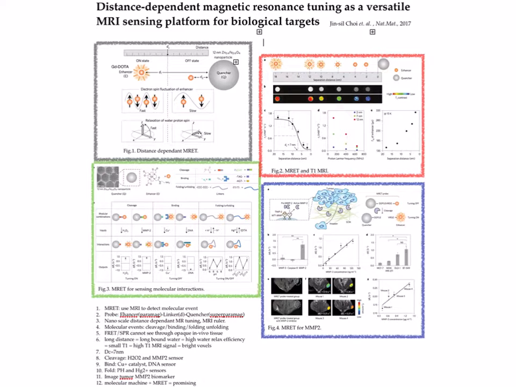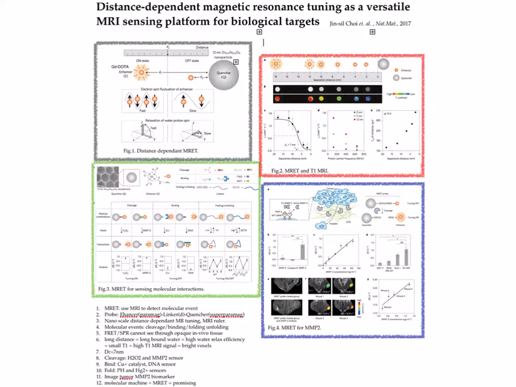So here is one experiment on the mouse, to detect the MMP2 concentration. MMP2 is a very important biomarker for malignant cancer. MMP2 is called matrix metalloproteinase.